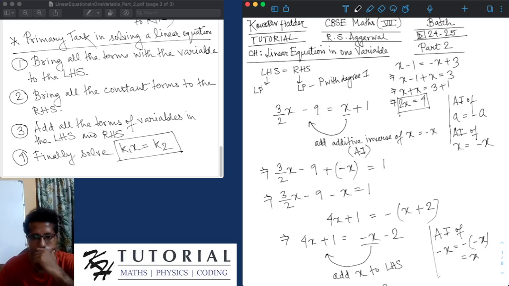This is the final form, and from this we have to solve for x. I can now multiply both sides by half, and I will get x equals 4 into half, that is 2. Or simply, x equals 4 by 2, that is 2.